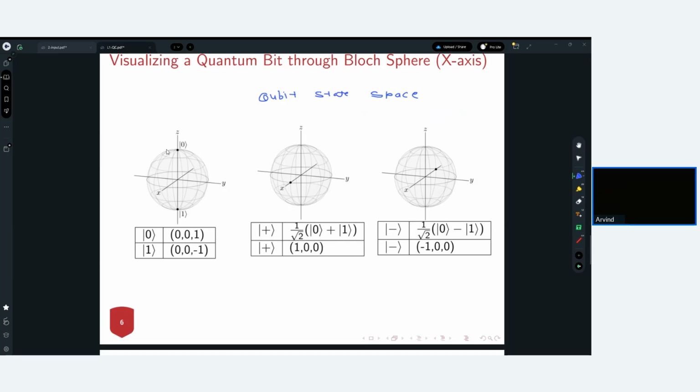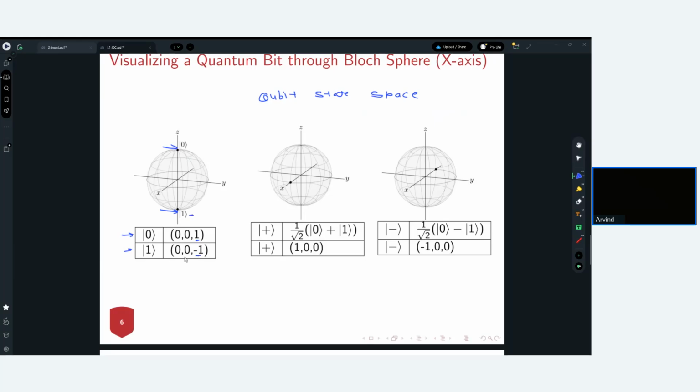Now here we have already seen that the north pole is the qubit 0 and the south pole is the qubit 1. The x and y coordinates of the qubit 0 are 0, and the z axis coordinate is 1, and for qubit 1 the z axis coordinate is -1.